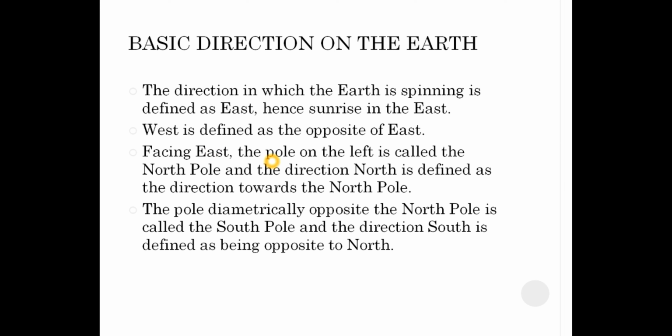When you are facing east, the pole on the left is called the north pole, and the direction north is defined as the direction towards the north pole. The pole diametrically opposite to the north pole is called the south pole, and the direction south is defined as being opposite to north. So those are the basic directions.